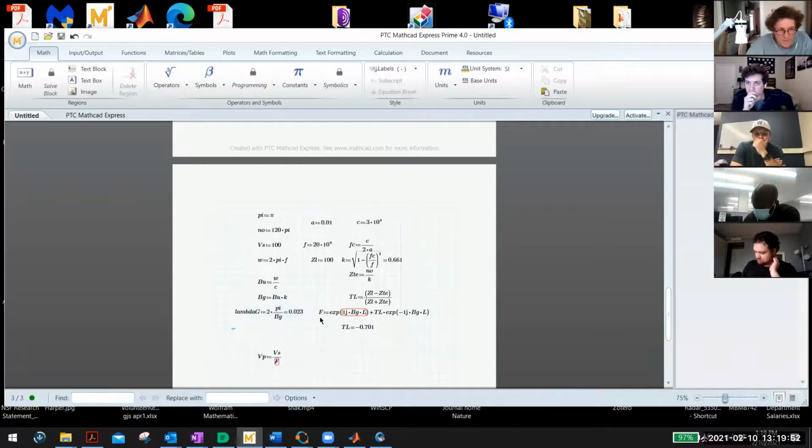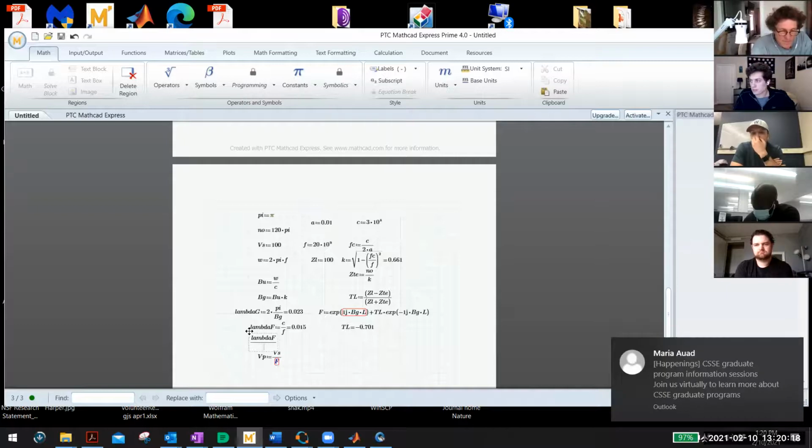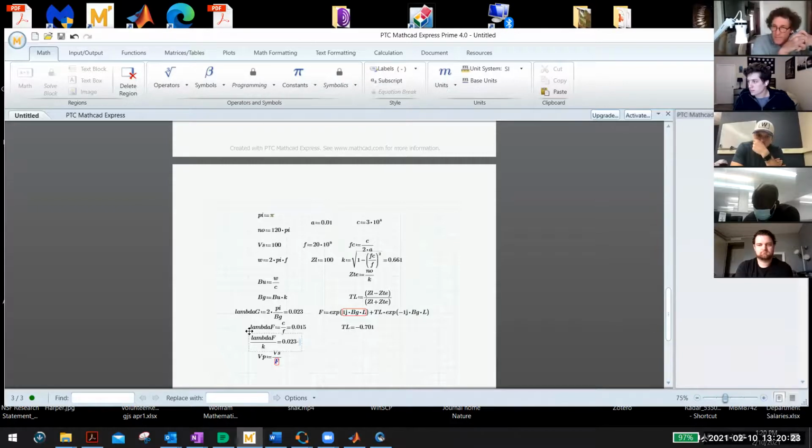The free space lambda would just be C over F, right? But if you take free space lambda and you simply divide it by K, then you get lambda in the guide. That's something to remember too. I know I'm throwing a lot at you, but I'm just showing you different things that are useful.